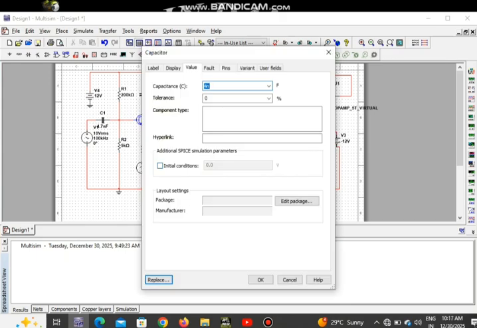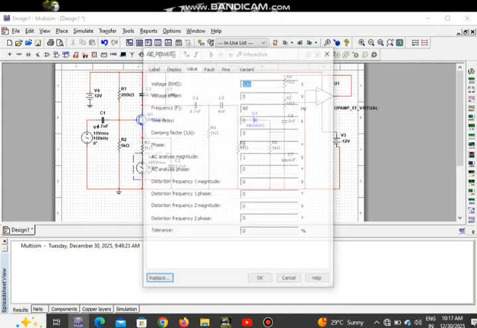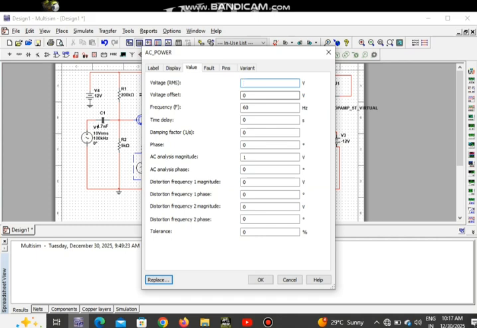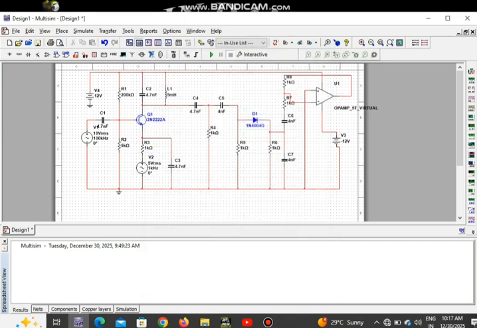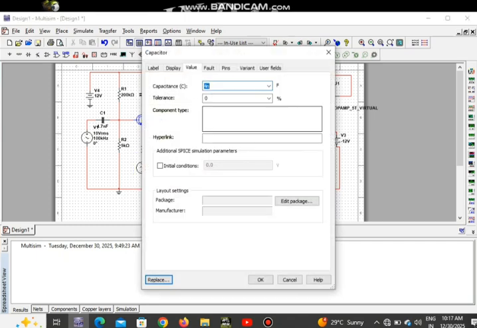C3 value is 4.7 nanofarad. Voltage source 2 is 5 volt, 1 kilohertz. C5 value is 10 Hz.